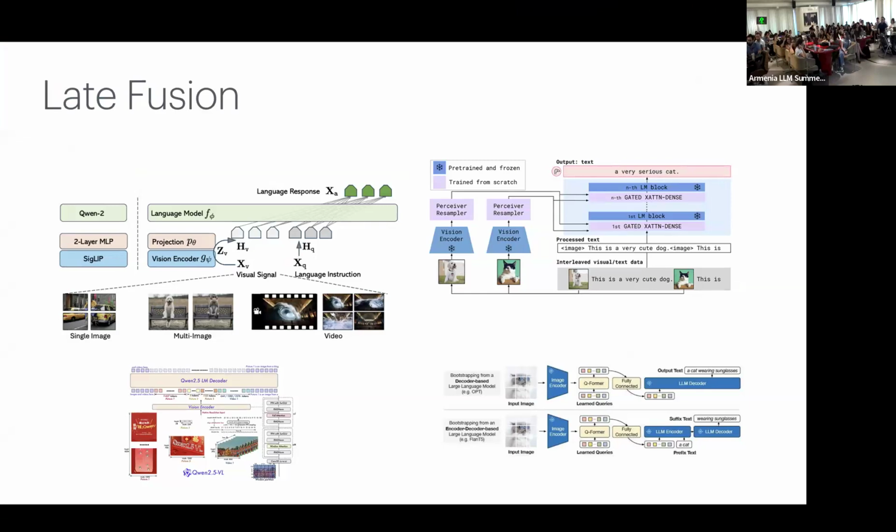Yeah, if you're doing late fusion, you probably just want to use the raw patches that come in, put them through the ViT that's already pre-trained, have some glue, some connector, and just pass that into the model. The problem with these late fusion approaches is that it's very easy to destroy the knowledge that's either in the language model or in the ViT encoder. Let me give you an example.